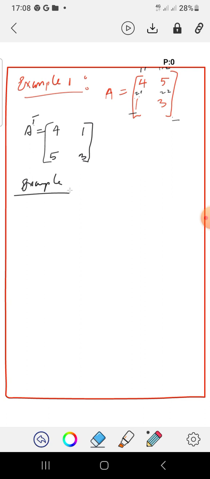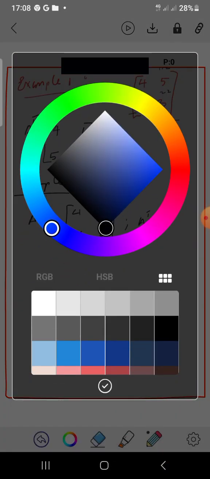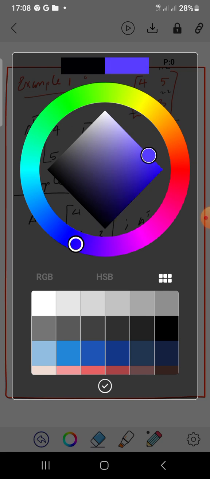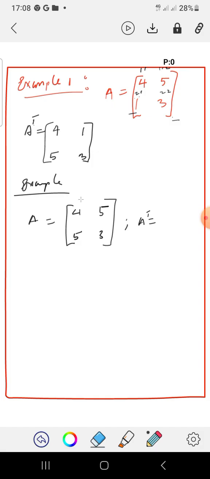Another example. Let's say A is 4, 5, and 5, 3. Well, A transpose is nothing but, if you look at this one, this is 1, 1.